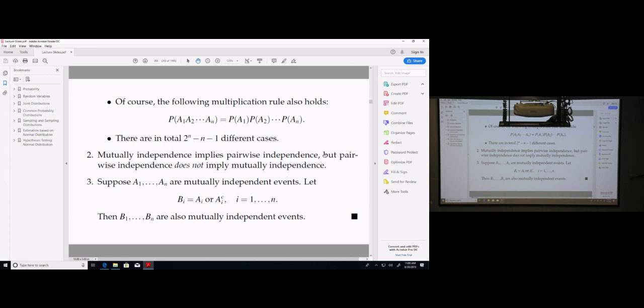But the converse of the statement is not true. If you have pairwise independence, it does not mean they are mutually independent. Now we will come to an example illustrating, what we call a counterexample, where we cook up a number of events that are pairwise independent, but altogether are not independent in our definition.